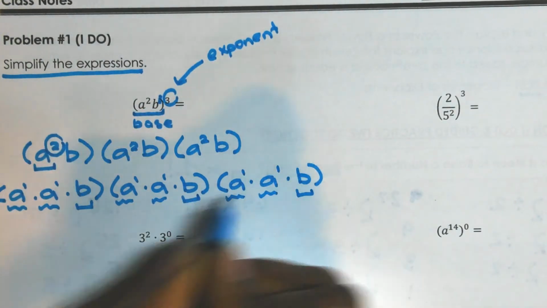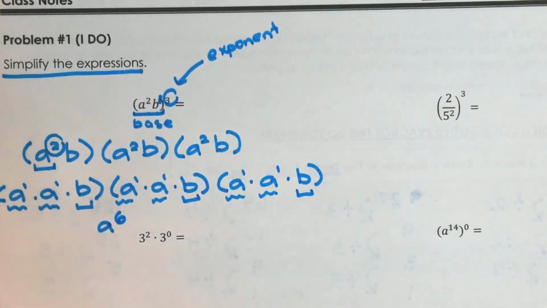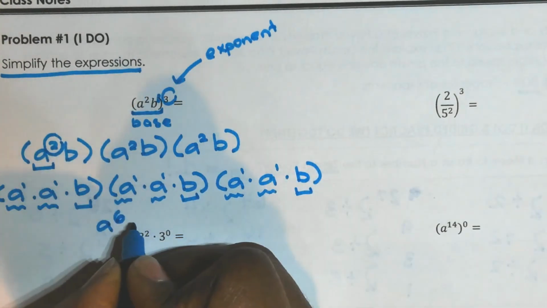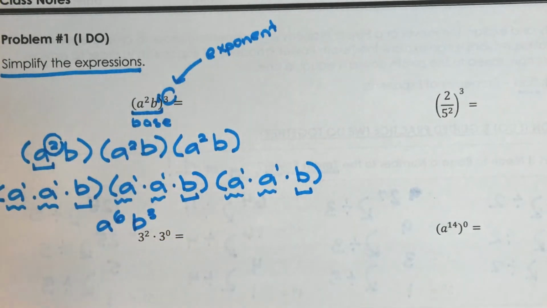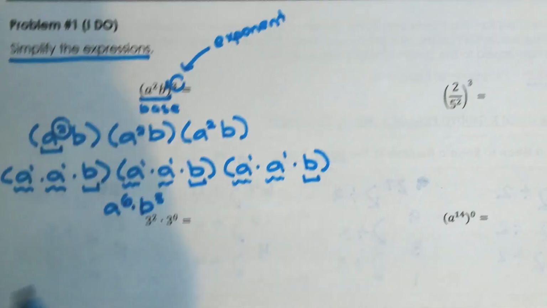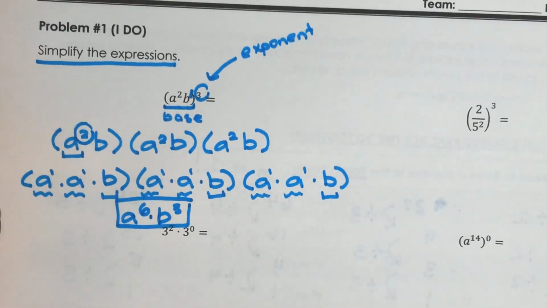So I have 6 a's being multiplied here, so that's a to the 6th power, and I have 3 b's being multiplied here, so that's b to the 3rd power. Right, and I don't need a dot, but I can put one there for multiplication. And that is the simplified expression.